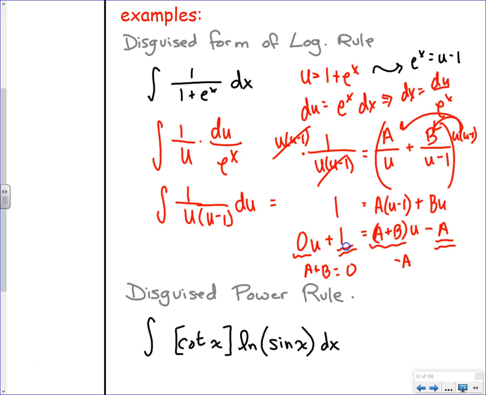Yeah, negative 1. So if a equals negative 1, then what does b equal? 1. So I can say this integral is the same thing as a over u, negative 1 over u, oh, it's a negative.